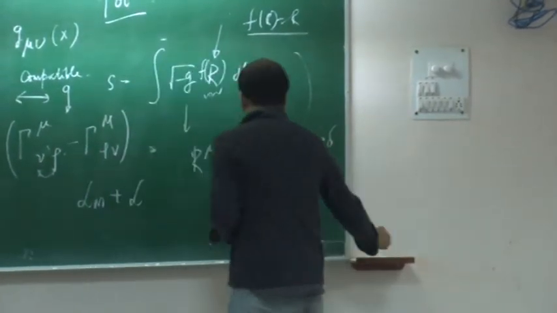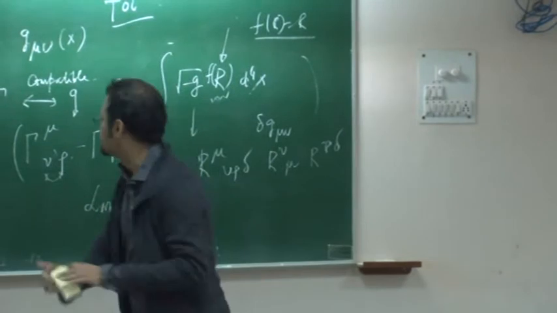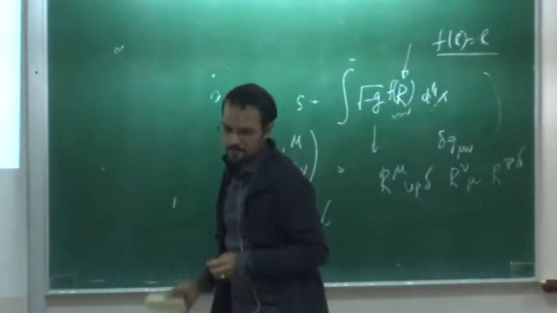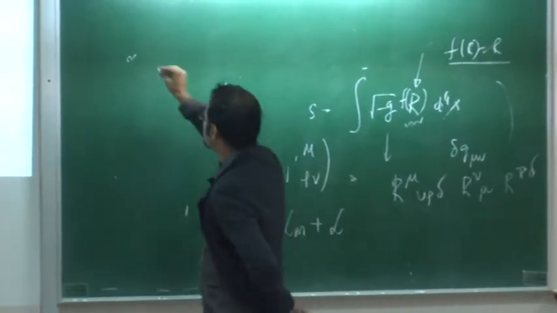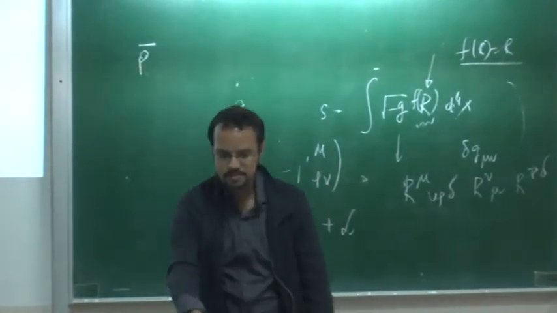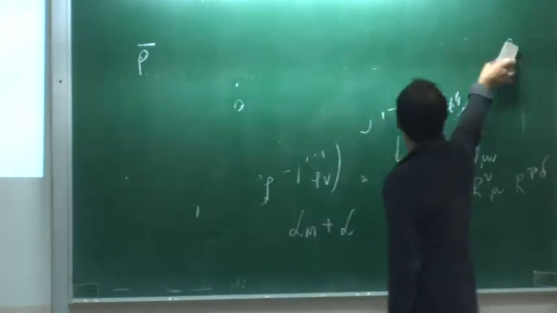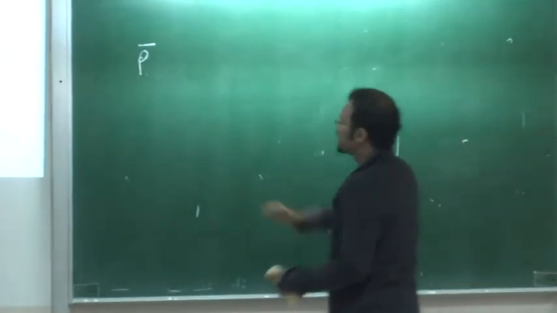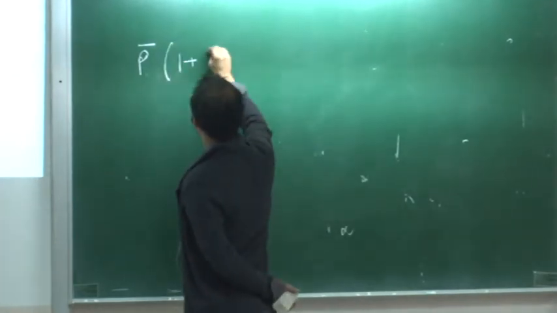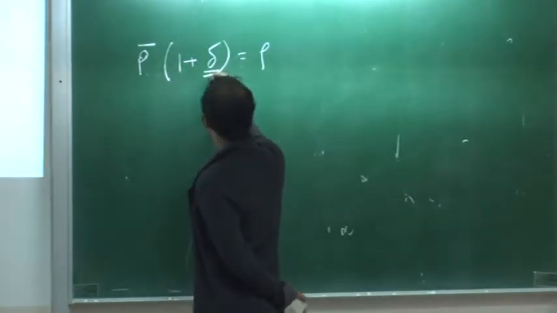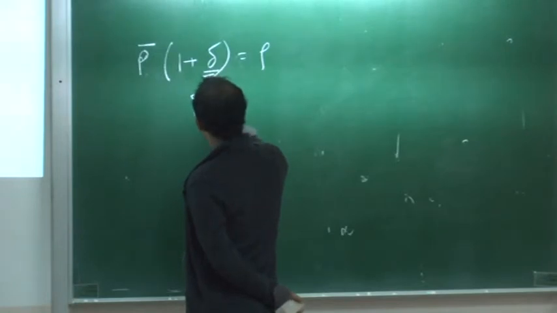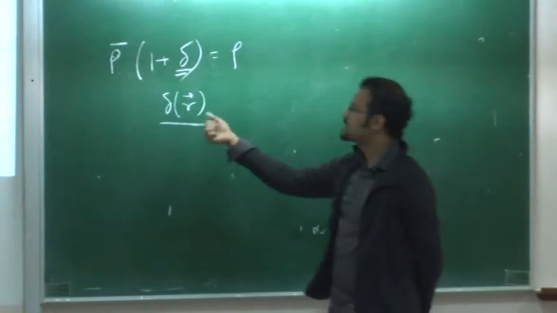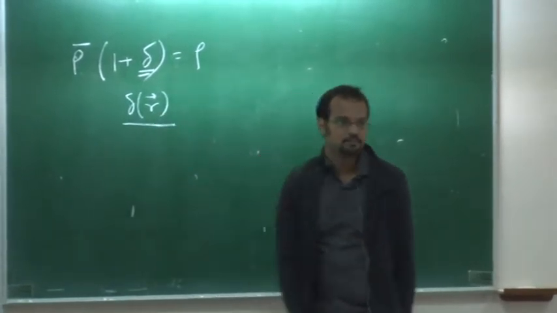The picture of the universe that we have is a background rho bar, which is the homogeneous part, and I write rho as rho bar times 1 plus delta, where this delta of R is a Gaussian random field.